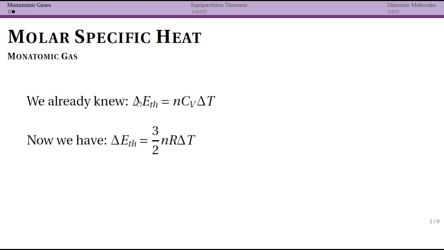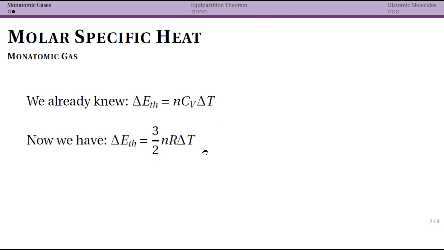So before we had that our change in thermal energy was equal to n, where this is now the number of moles, times this molar heat constant, times our change in temperature. So we had that before. Now we said that thermal energy is equal to 3/2 nRT, where this is again the molar form of it, and so a change in thermal energy can just depend on a change in T.